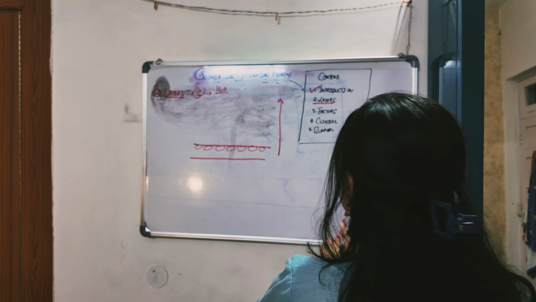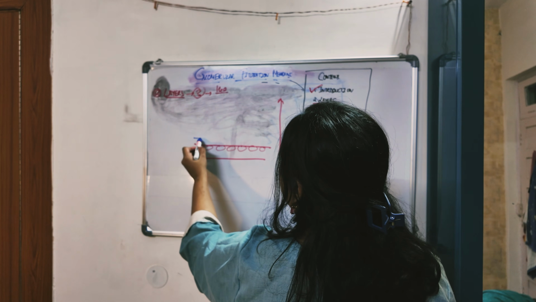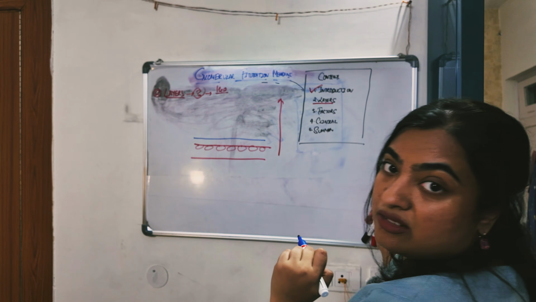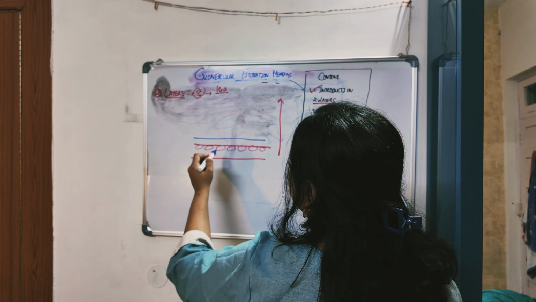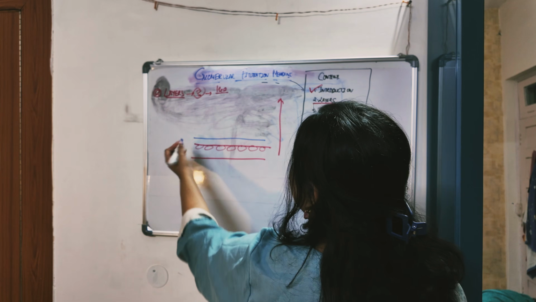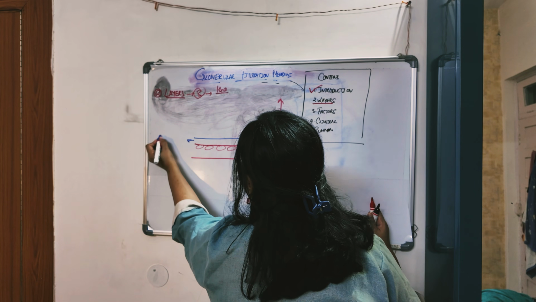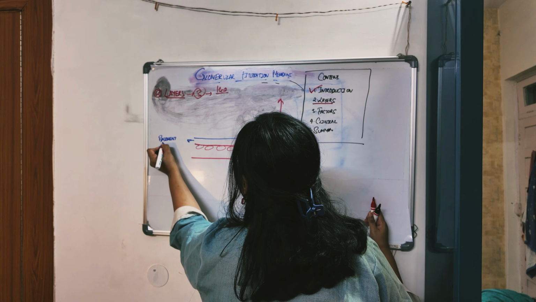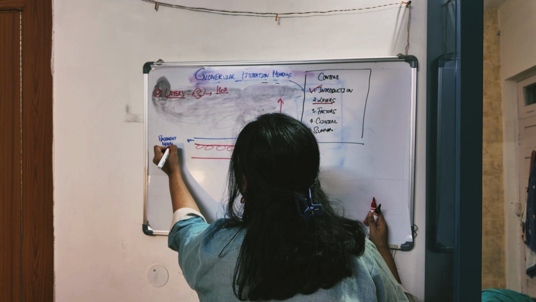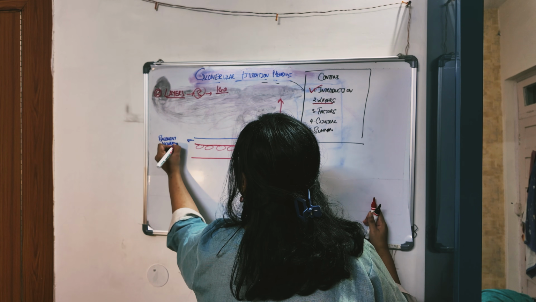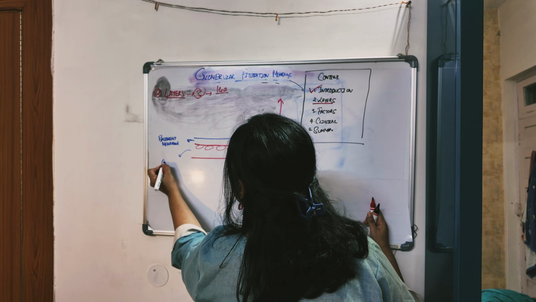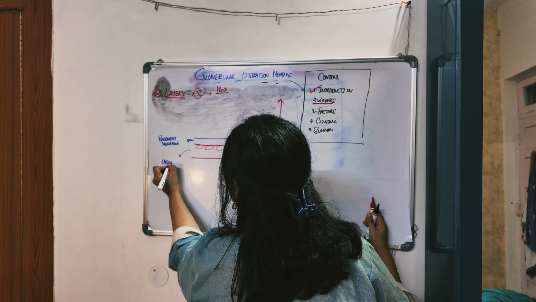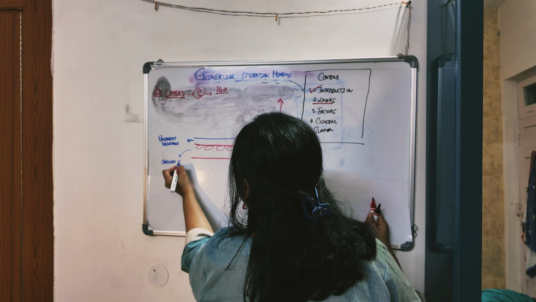Then the basement membrane. This is the basement membrane. And the innermost is the capillary endothelial cell.